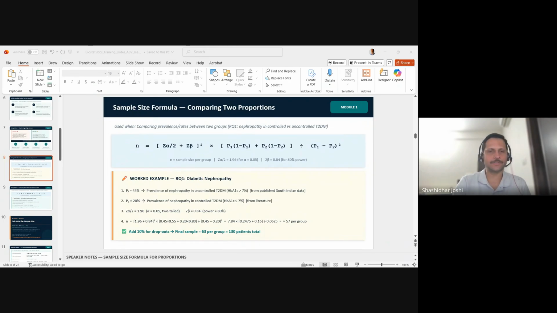There are a lot of statistical concepts behind that, which I'm going to talk about in the next session. Basically, it's a normal distribution setup, a bell-shaped curve where your data is normally distributed. To ensure that, we need a minimum of 30 subjects per group.